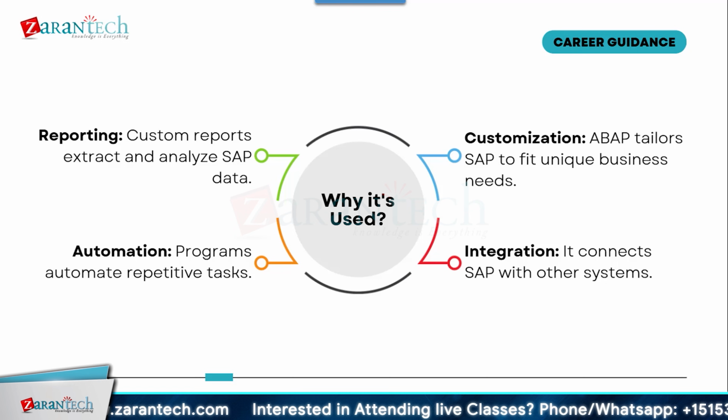ABAP here can modify standard SAP processes to fit that need perfectly. Integration is another key reason. ABAP facilitates seamless connections between SAP and other systems. Just imagine a company using both SAP and a third-party CRM. Here, ABAP ensures smooth data flow between these systems.